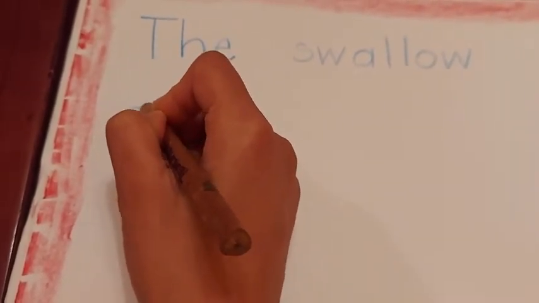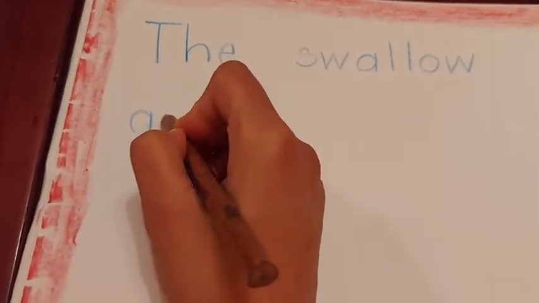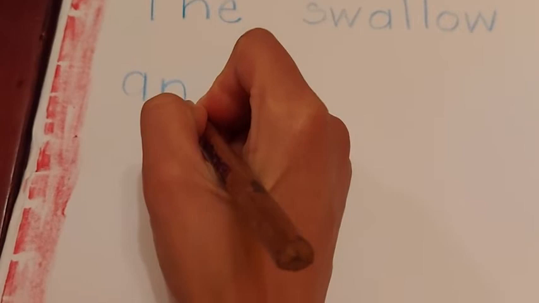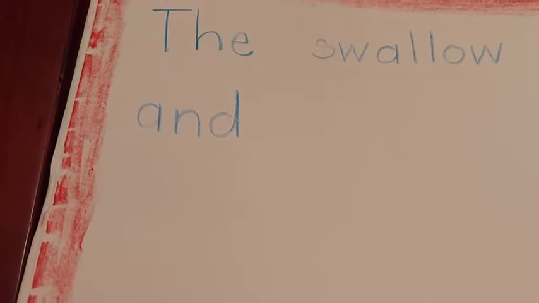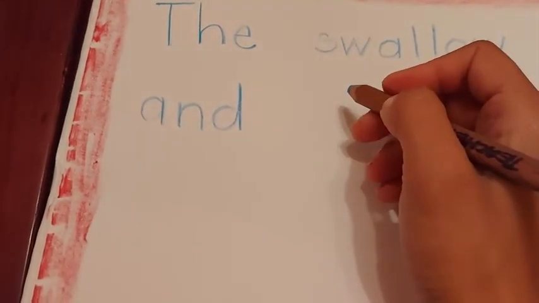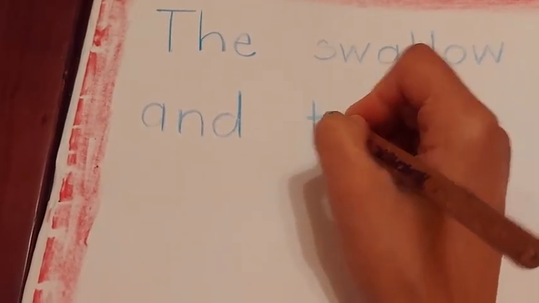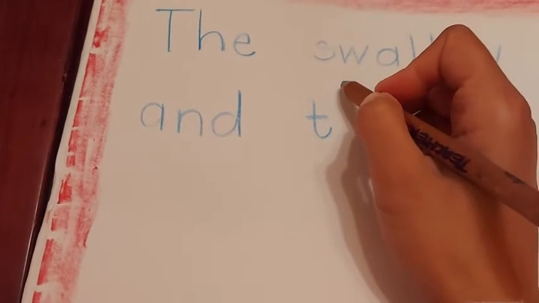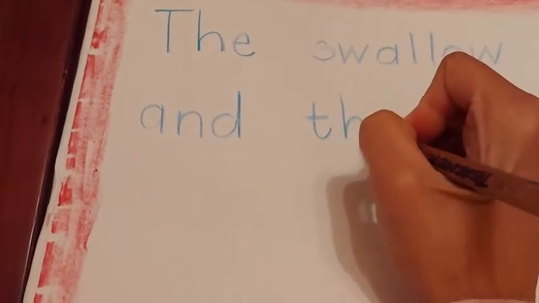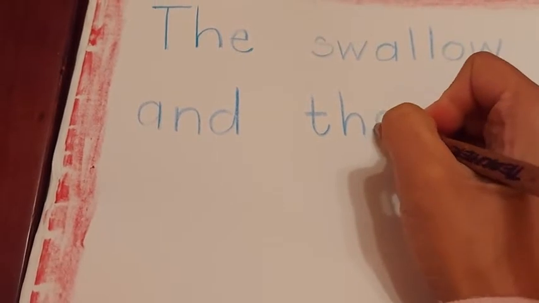So I'm going to do my A, my N, and my D. So there you can see the swallow and, and the next word is the, because we're going to write the swallow and the crow. So it is the same word we've written before, just we're using the small letter T, a small letter H, and a small letter E. So there you have the swallow and the crow.